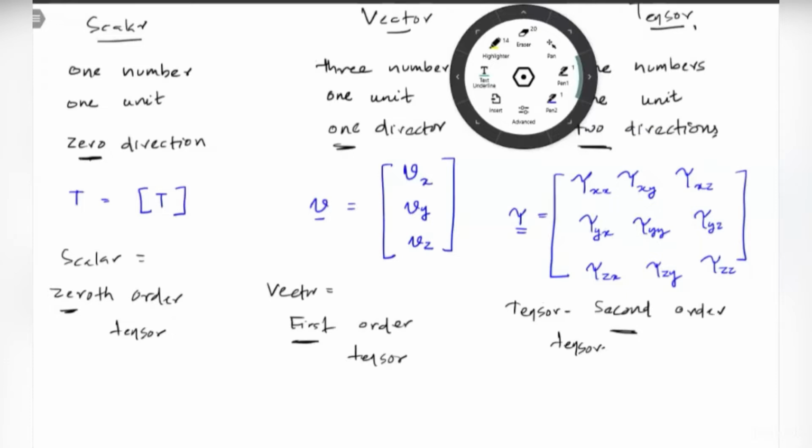If I put a bar below, that means it is a vector. If I put two bars below, that means it is a tensor. Remember that. You may follow that, or anything else which is there in any of the books.